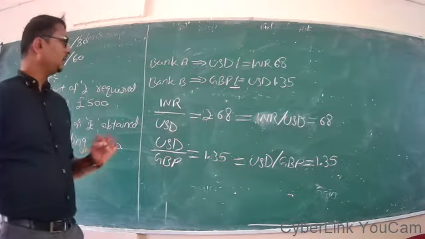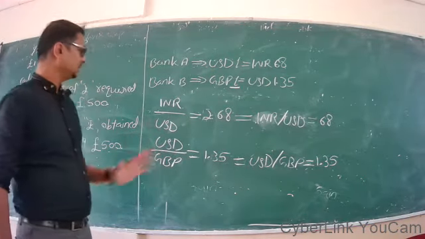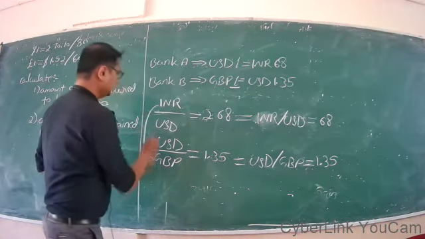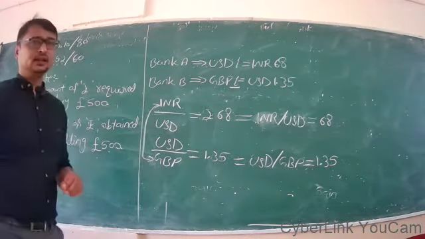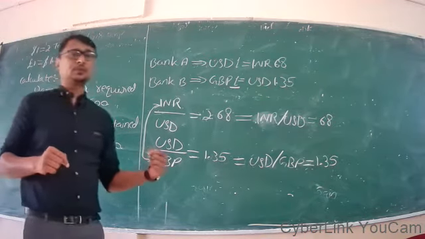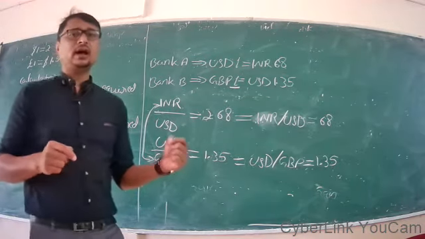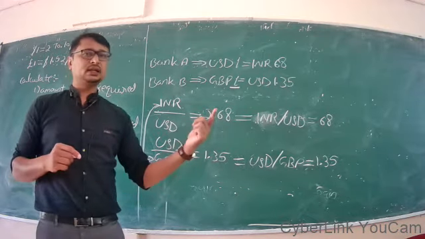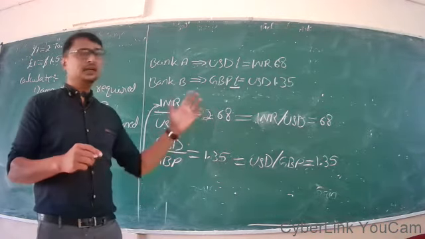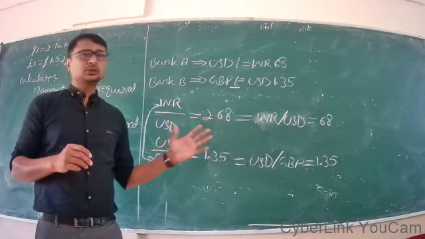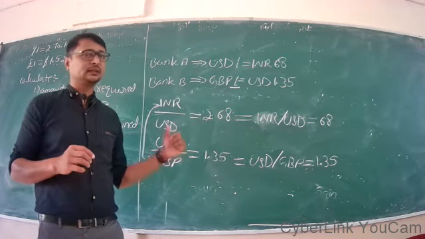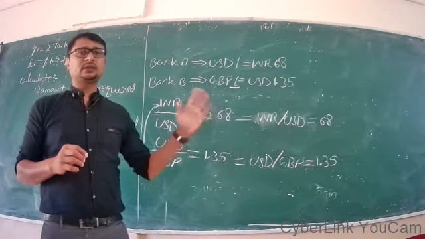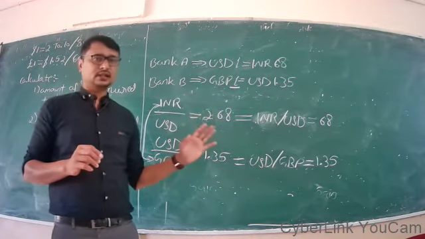Now I have to establish a relationship between INR and GBP, right? Because I have Indian rupee in my pocket. Now I need to buy GBP, Great Britain pound, by paying Indian rupees. But there is no bank or institution available in this country providing directly an INR to GBP or GBP to INR quotation, right?